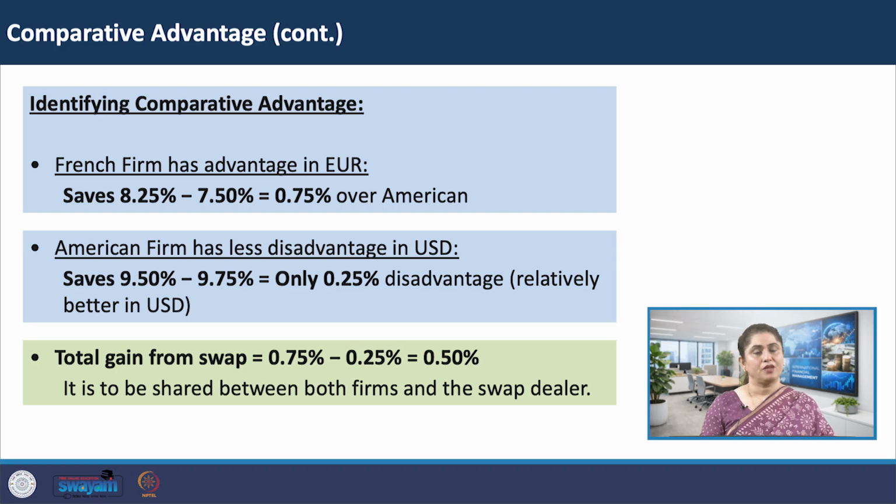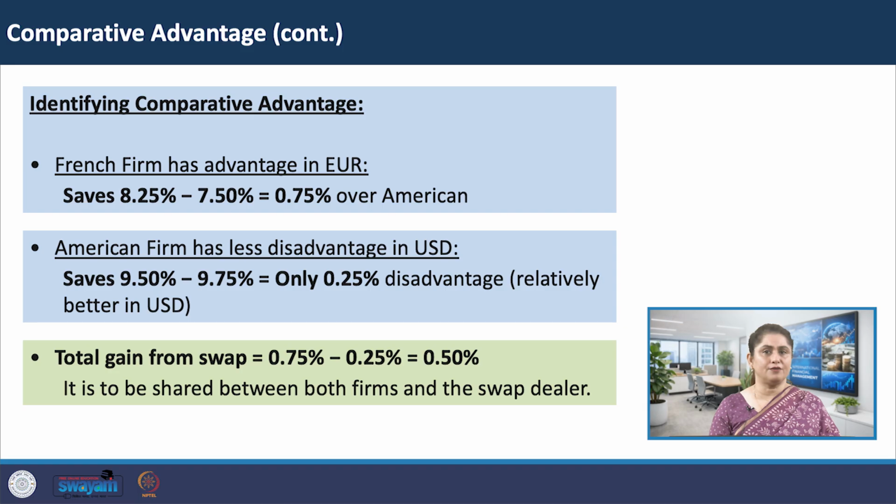In USD, the American firm pays 9.75% as interest, while the French firm pays only 9.50% as interest. This means the American firm is only at 0.25% disadvantage. Relatively speaking, it is still better in USD than it is in euro.